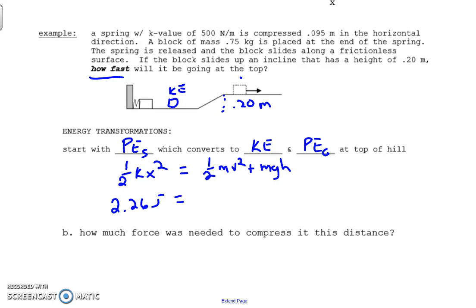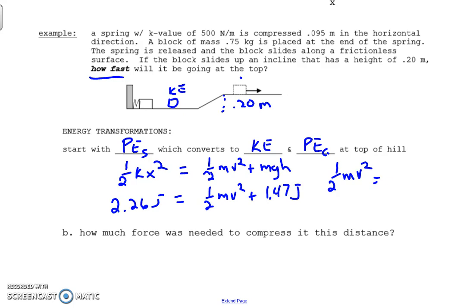That's going to equal 1/2 mv squared plus 1.47 joules of gravitational potential energy. So 1/2 mv squared is going to be the difference between how much energy we started with and how much is stored in gravitational potential.